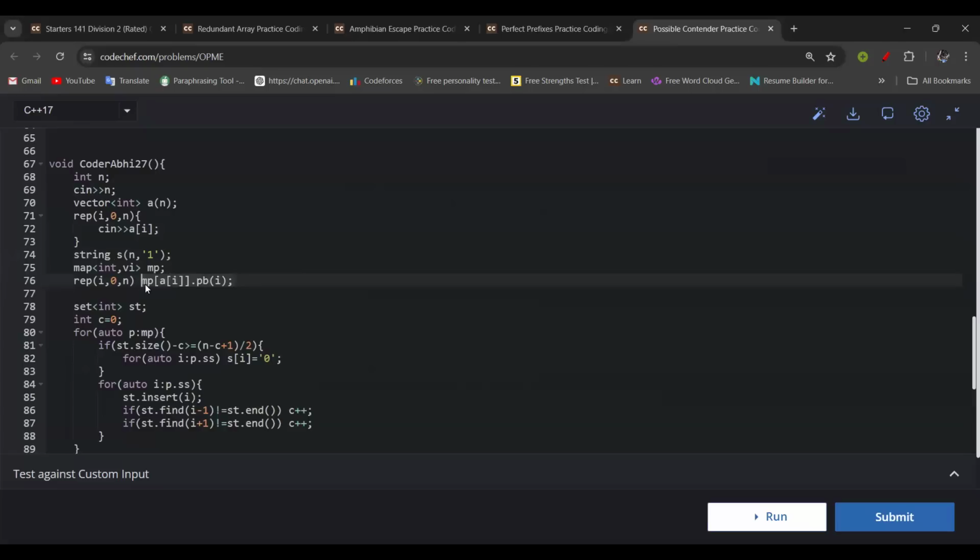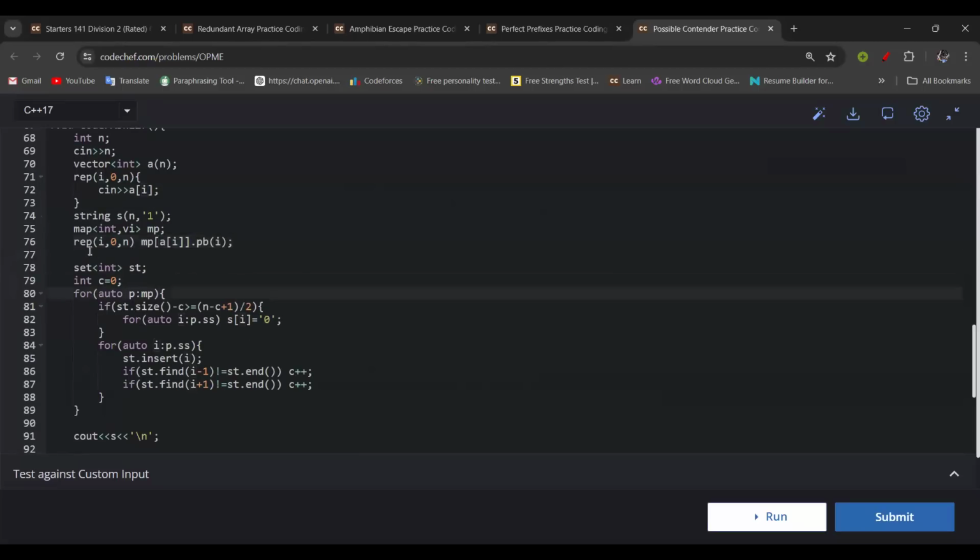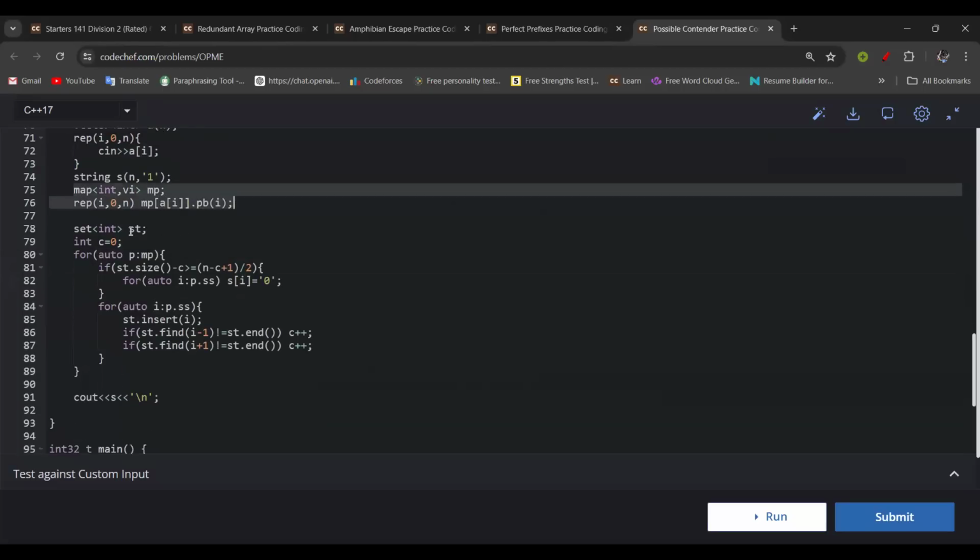In this way, for each value, ai is my value, and I'm inserting the index into the vector of that map. So this way I created the map. Then I took my set and my C. This is my set storing the smaller values. This is my C storing the count of consecutive elements in my set.